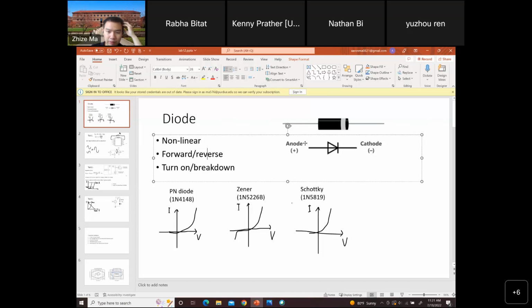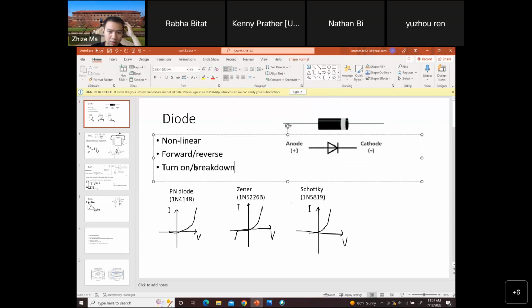When the voltage at the positive side is greater than the negative side of the diode, it is in the forward bias region. When the voltage at this side is smaller than the negative side, then it is in the reverse bias region.